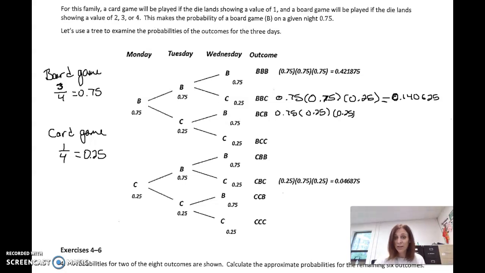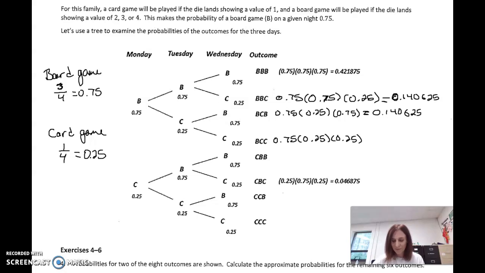That's why you got to make sure your answers, or my answers, match up with yours. B is 0.75. Okay? And since that's kind of the same as the other one, 0.140625.